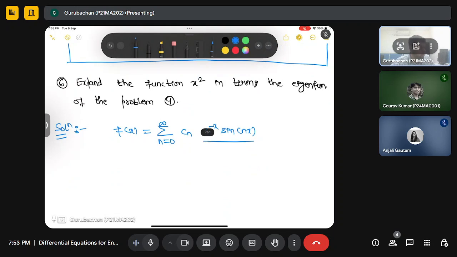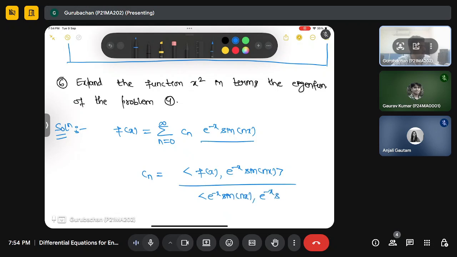And what will be the value of Cn? From the above question, you can observe that Cn is the inner product of f(x) with e to the power minus x sin(nx), divided by the inner product of e to the power minus x sin(nx) with e to the power minus x sin(nx).